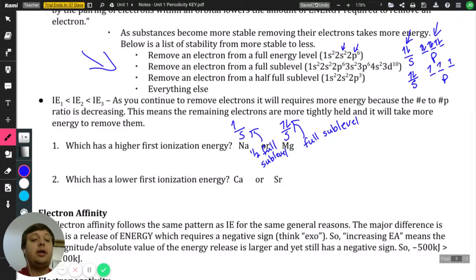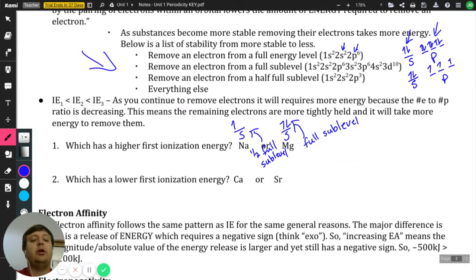Okay, well, again, the more stable something is, the more energy it's going to take to remove an electron, right? Well, looking back at our stability chart, if we remove it from a full energy level, that's going to be the most stable, right? So it's going to take the most amount of energy. If we remove it from a full sublevel, that's going to be less stable than a full energy level, but more than a half full.